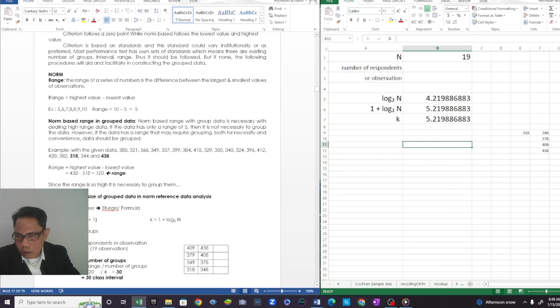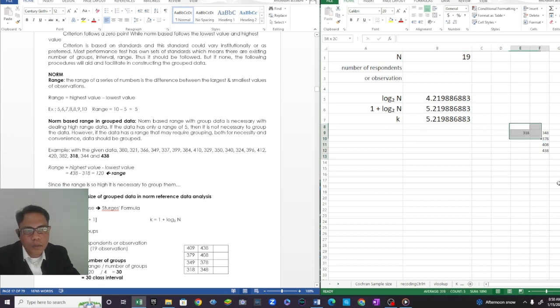And next we calculate for our k, or number of groups. So we have 1 plus 3.3 log n, which is 19 observations. In our formula bar, we have 3.3 times log, it's automatic in Excel. Then you click on B1, which is 19.